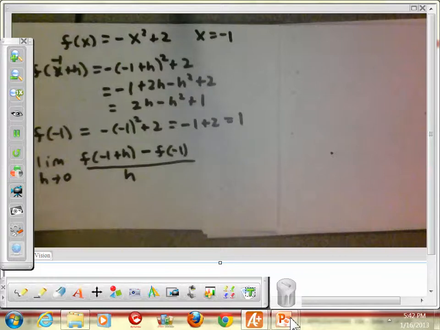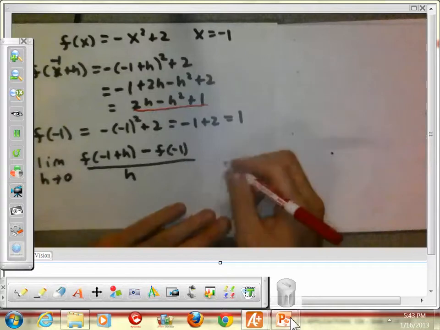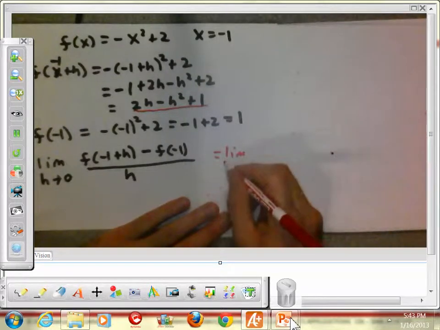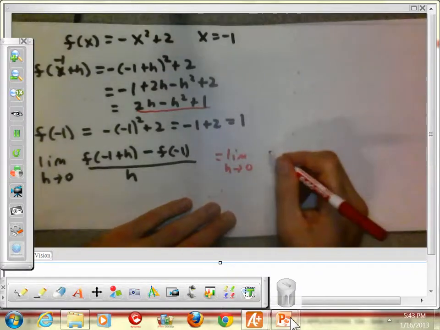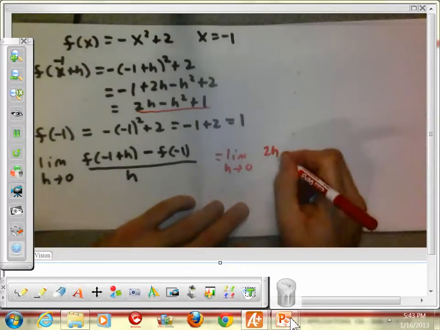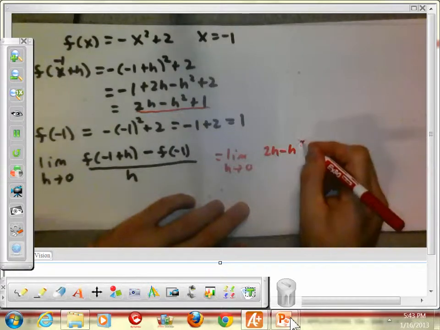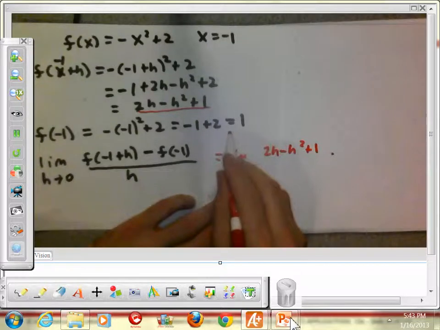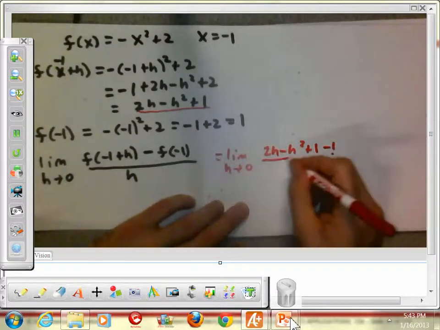Well, this is going to be equal to f of x plus h is given right here. So this is going to be equal to the limit as h goes to 0 of 2h minus h squared plus 1. And then I do minus f of negative 1, so that's going to be minus 1, divided by h.